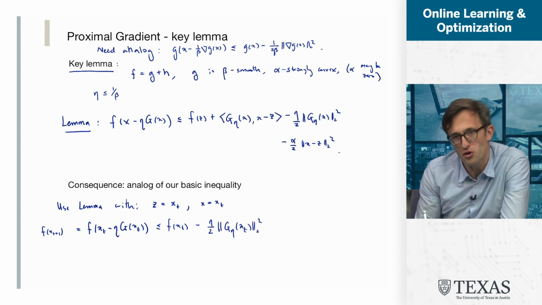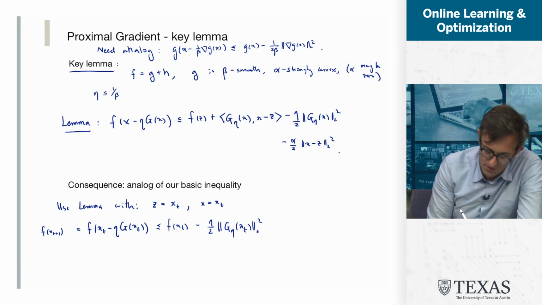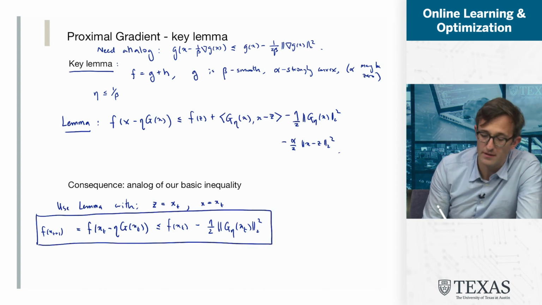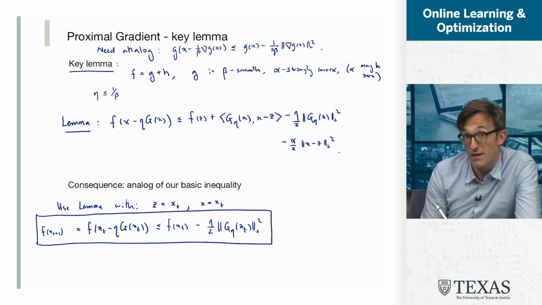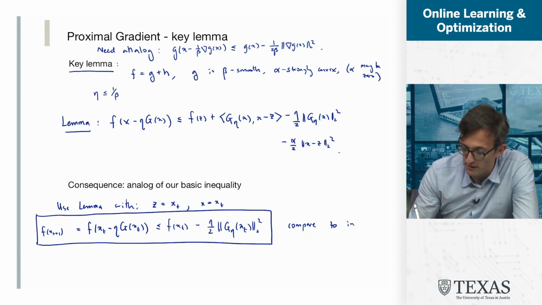And then my third term, x minus z, again, x is set to z, so this is 0. So you see that this is precisely the analog of that first inequality. Compare it to the inequality at the top.